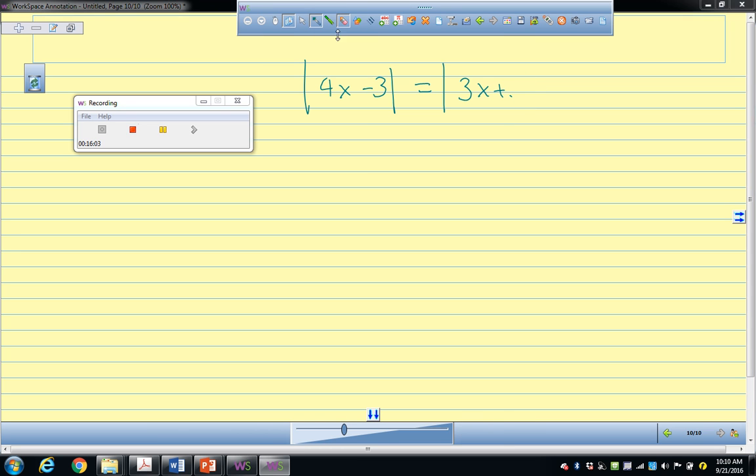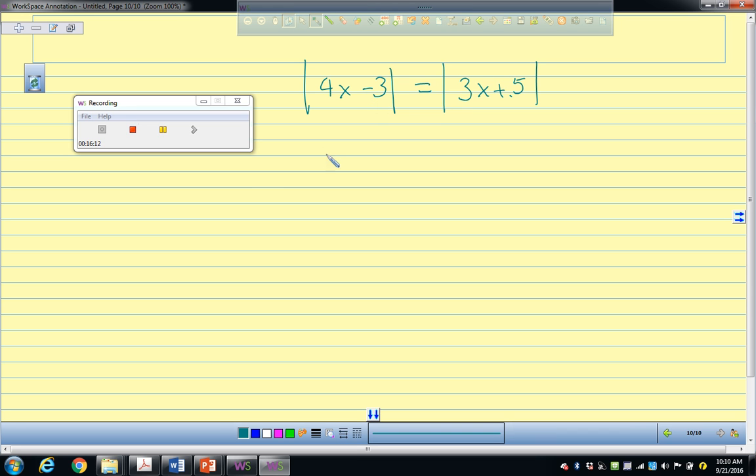Okay, if I see one like this, what I do, I just take away, so in the first place, I take away both brackets and I just rewrite it without the bracket. So that's the first case, 3x plus 5.